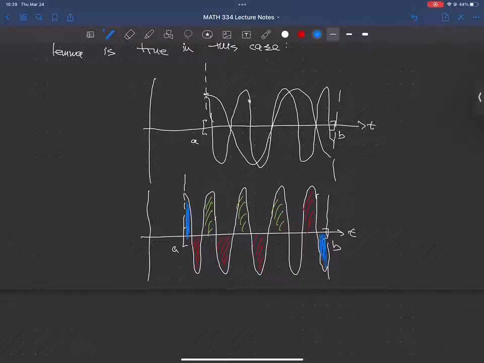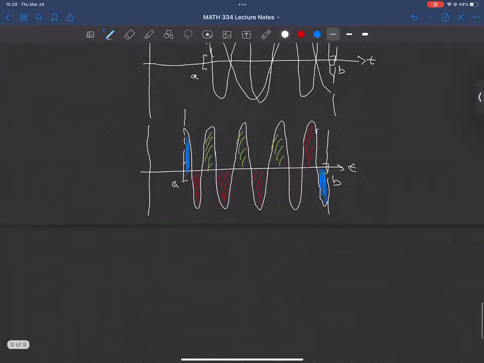And as omega, as n becomes large, the width of these little chunks at the end is going to get very small, but the magnitude is going to be bounded still by 1. And so as n gets large, the integrals of these little fragments at the end are going to get very small.